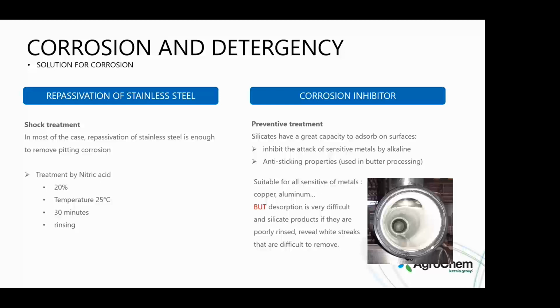So shock treatment, best with the nitric acid, running that at 20% strength and at a temperature of 25 degrees Celsius for about 30 minutes. Will give you the passivization of the steel, and then you can run a preventative treatment as well to help to bring this stainless back to where it needs to be.